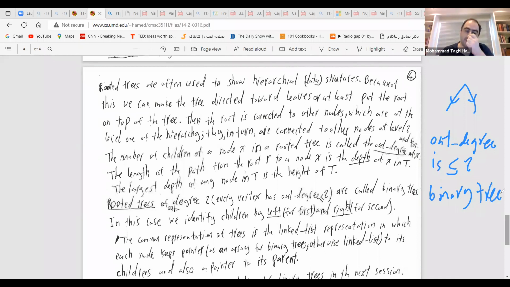So a binary tree is one where the out-degree is at most 2. In this case, because we can draw it, we can say this is the left child, and this is the right child.